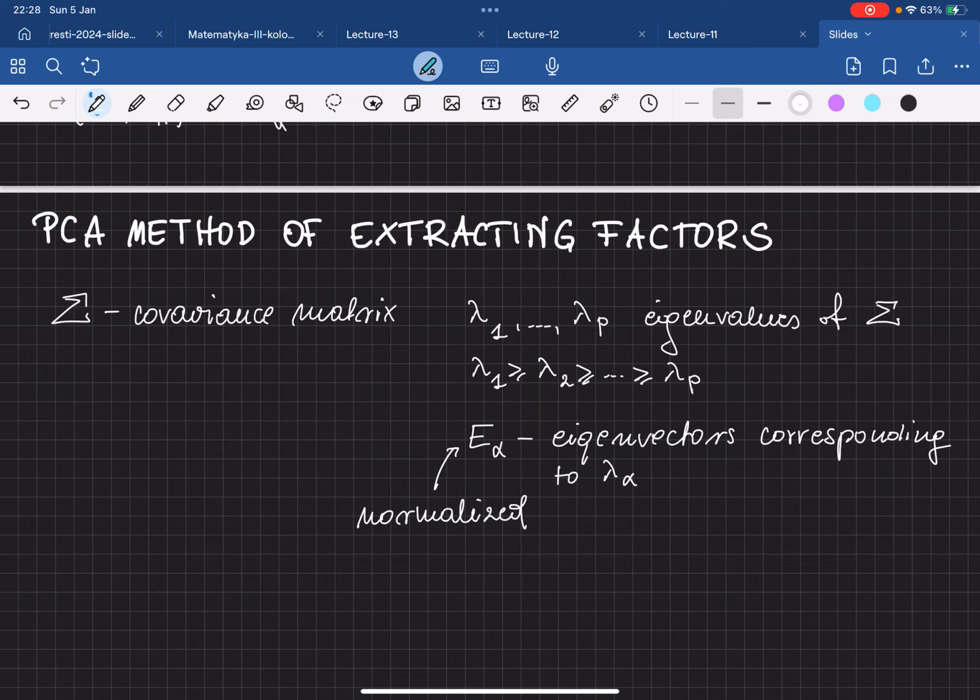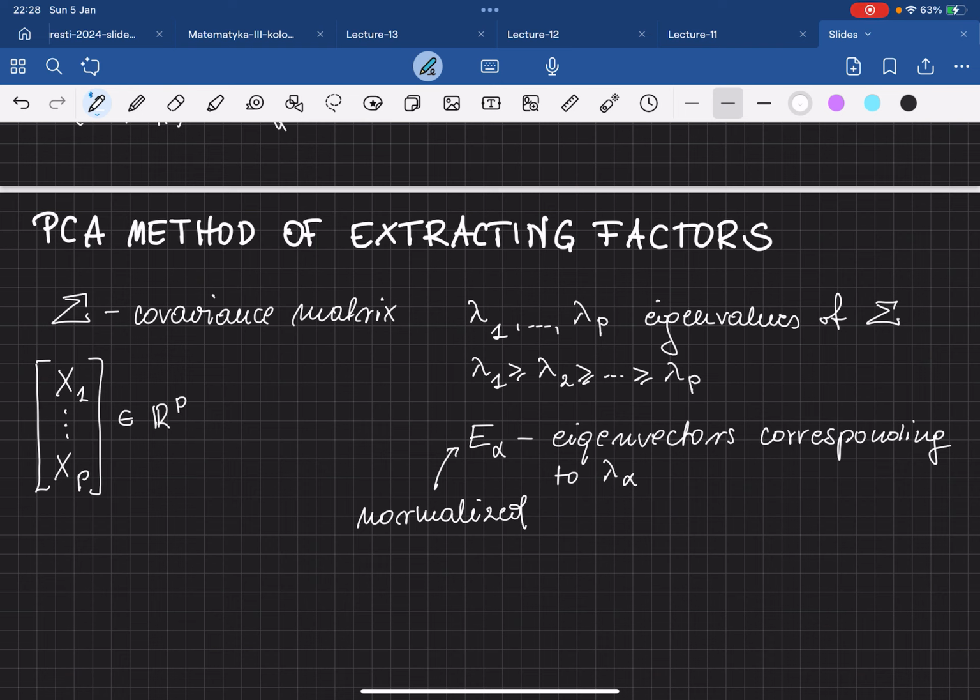So each eigenvector is a combination of initial variables, and this normalization refers to the canonical scalar product in Rp, because each x1 up to xp belongs to Rp, and each E alpha also belongs to Rp.